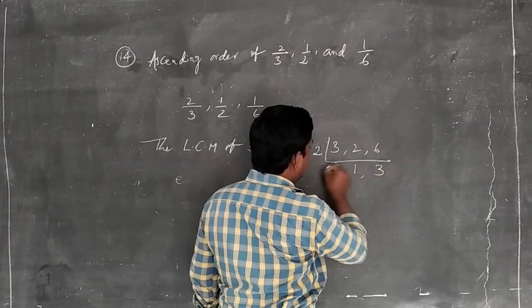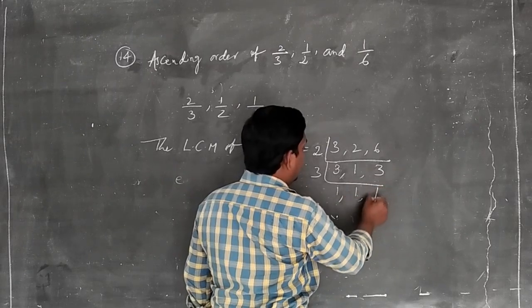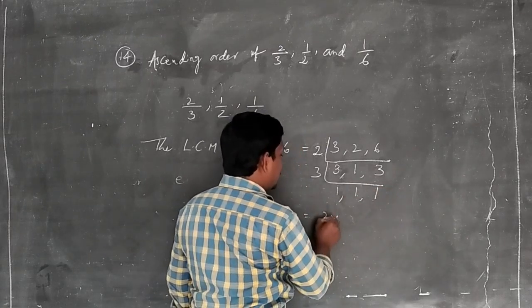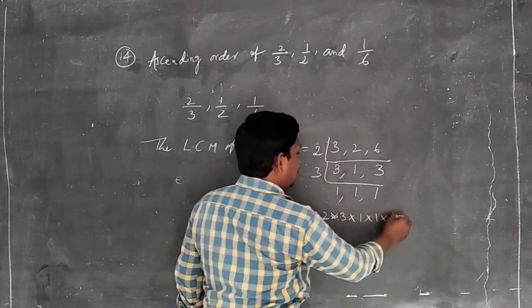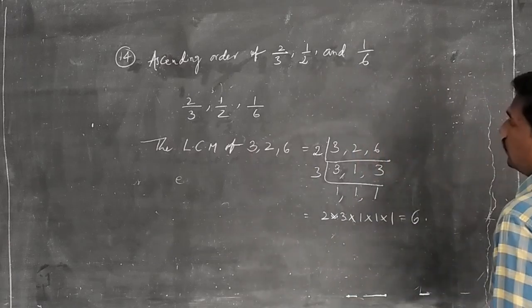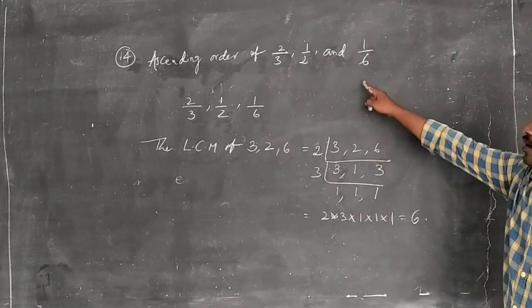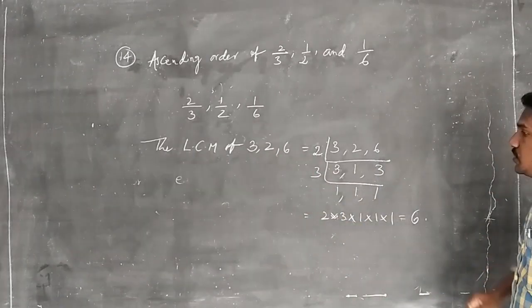Here 3 time. Again 3 table 1 time. That is 1 and 1. So LCM is 2 into 3 into 1 into 1 into 1. That means 2 3s are 6. Now what you got? LCM of all the denominators 3, 2, 6 is 6.